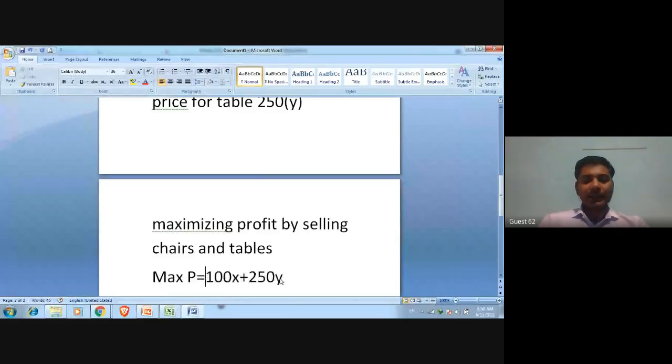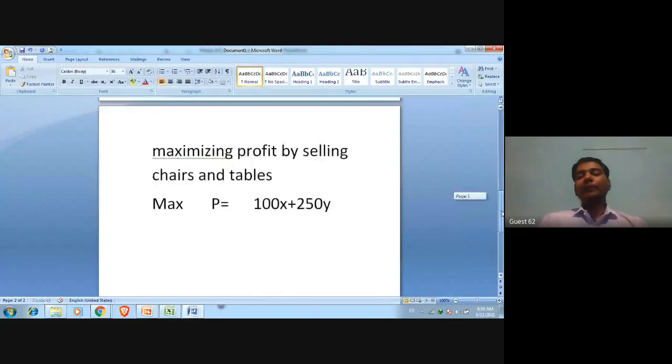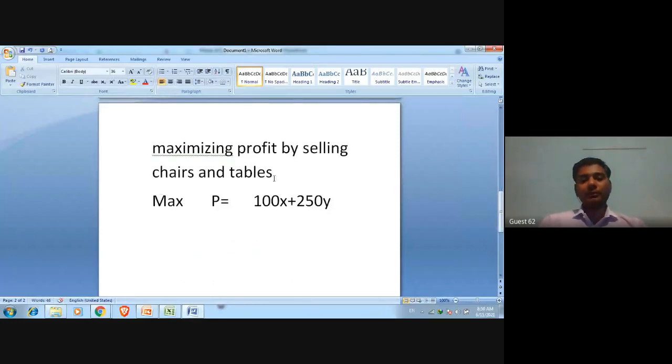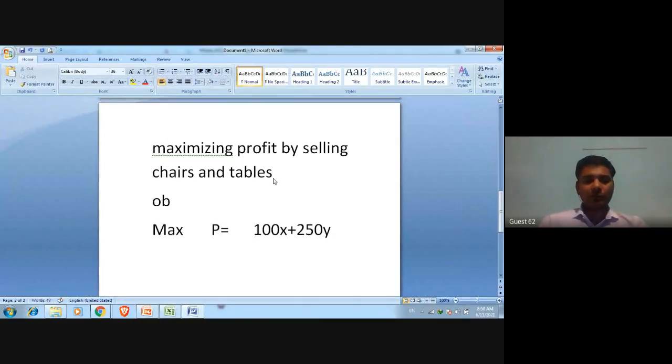We can write our statement in mathematical form just like this. So we have written here our objective function, which we have written in mathematical form.